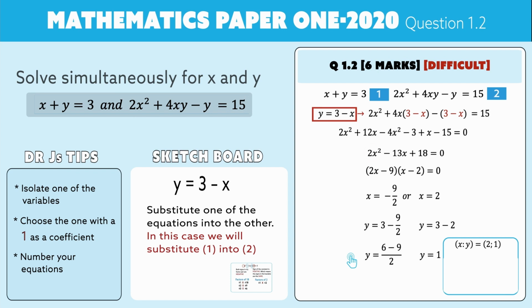The 9 is already over 2, and that gives me minus 3 over 2. So my second xy solution, where these two curves will meet one another, is at the point where x is minus 9 over 2, and the y value is indeed minus 3 over 2.